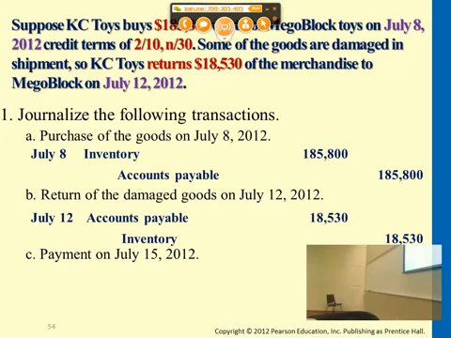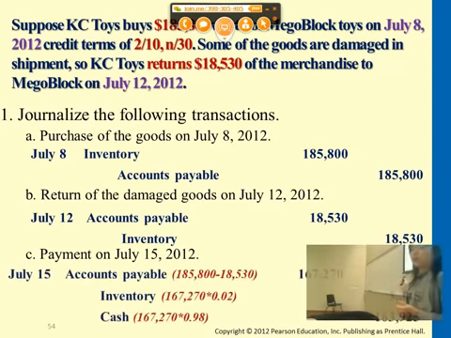Okay, so this last transaction here, we are paying off this amount. We're using cash, definitely, but we're reducing accounts payable at the full amount. For the cash amount, we're not paying in full. We're getting 2% off, meaning that we're only paying 98% of the inventory cost. Then the remaining, the difference, will be considered inventory discounts. So again, we capture this under inventory accounts.